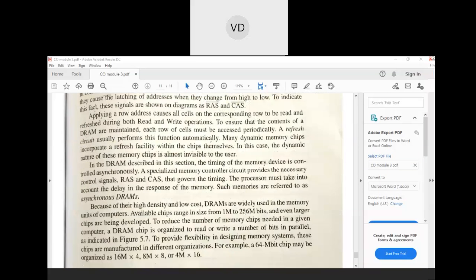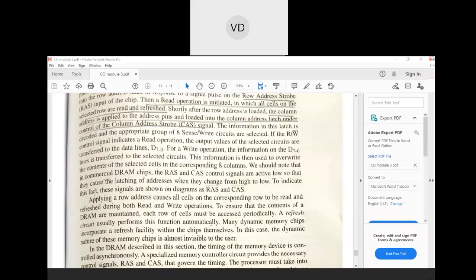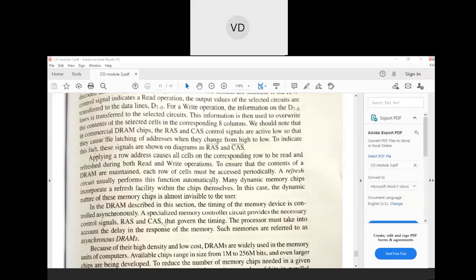So what is asynchronous? Basically here, everything is done by different control signal circuits. There is no common clock signal here. In the dynamic RAM, timing of the memory device is controlled asynchronously. Asynchronously means individually; each of them has its own timing signals and does not depend on a common clock signal.